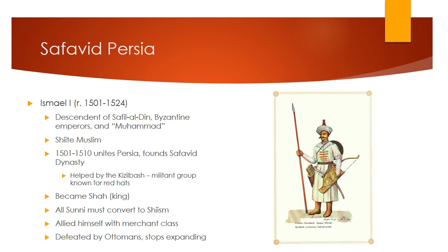He allied himself with the merchant class to help secure his rule, to strengthen Persia, and he tried to expand into Ottoman territory, but was defeated. The Ottomans by this time are getting stronger and stronger. They've already taken Constantinople. So he's defeated as he tries to move forward.